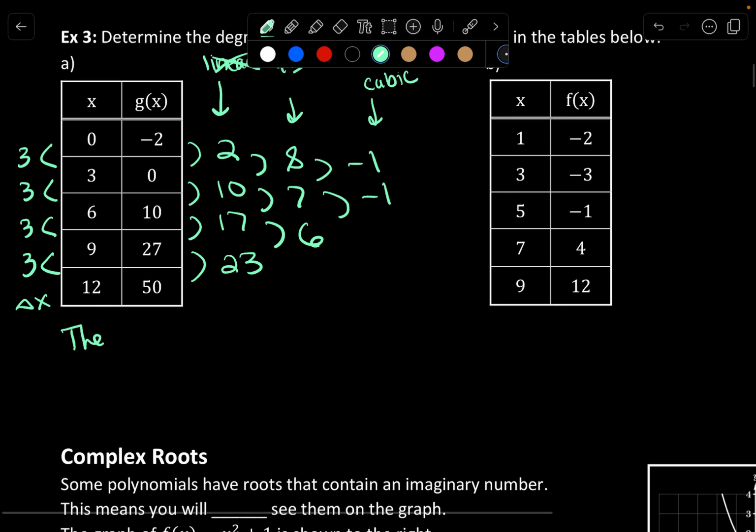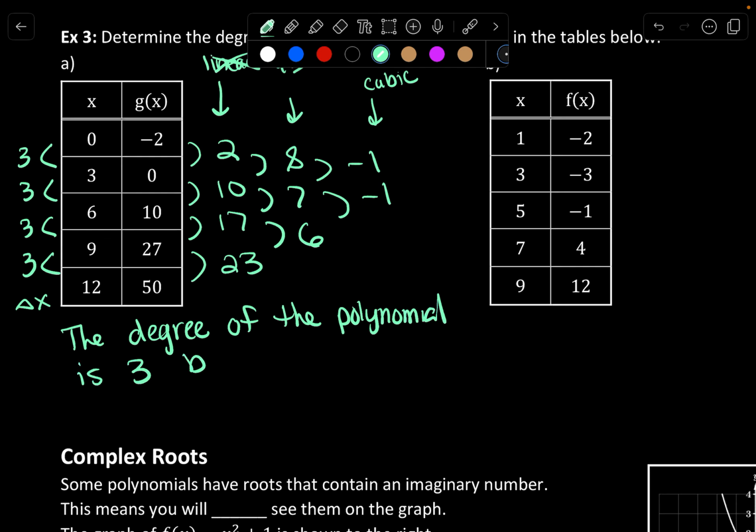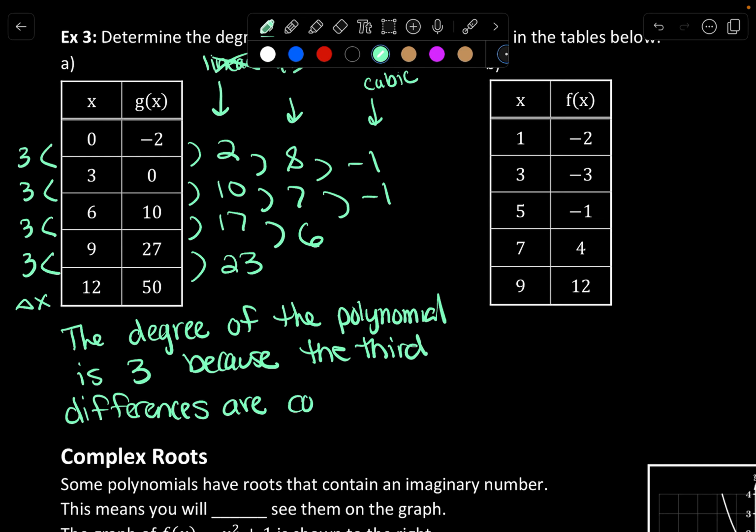So the degree of the polynomial is 3 because the third differences are constant. And I didn't say justify, but it's good practice to just justify everything.